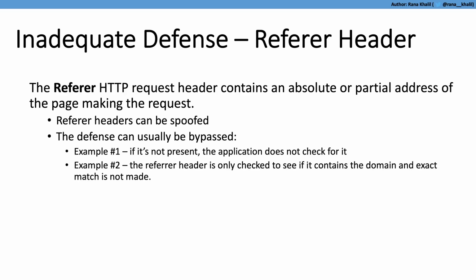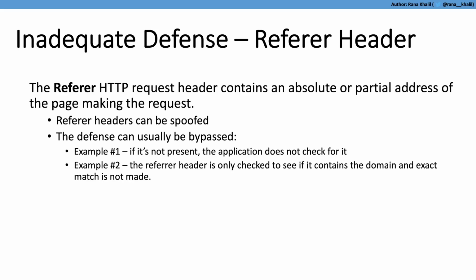The second example is when the application is only checking to see if the domain exists in the referrer header or is contained in the referrer header. As long as it's contained, then it accepts the request. If it's not contained in the referrer header, it rejects the request. However, the way you could exploit that is you could just include the domain of the application as a query parameter in a URL.